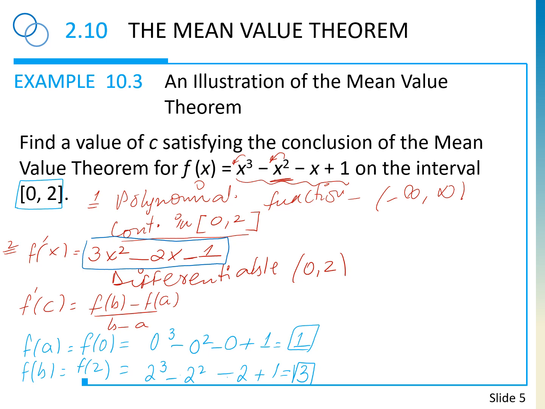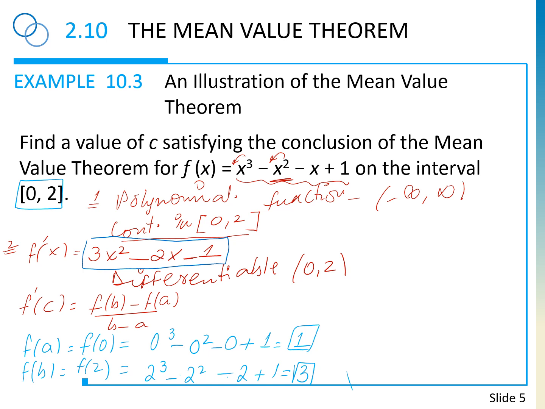So they are not equal, because in Rolle's theorem they should be equal to each other. But according to the mean value theorem, the slope of the tangent line and secant line can be anything, but they should be parallel. Okay, so now let's see f prime of c.